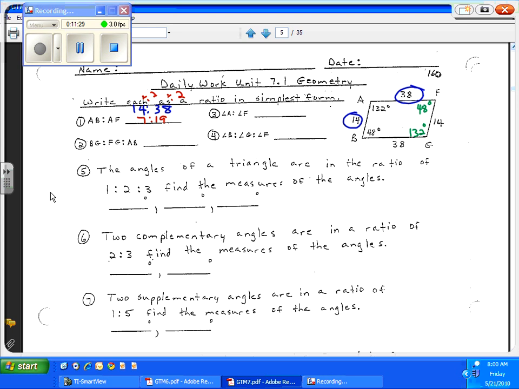Number 4 wants the ratio of angle B to angle G to angle F. So angle B is 48 degrees to angle G. We don't need the degrees because remember, a ratio is whole number to whole number, so we don't need units of measure. 48 to angle G, which is 132, to angle F, which is 48. We would divide by the greatest common factor, which would be 12.